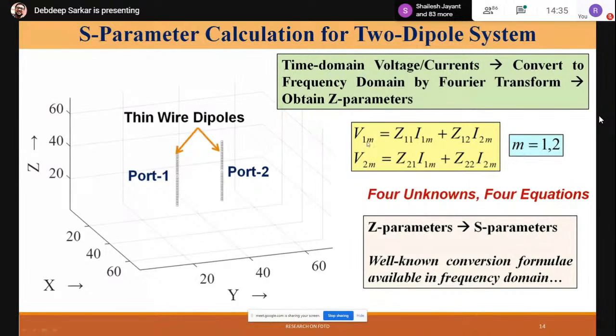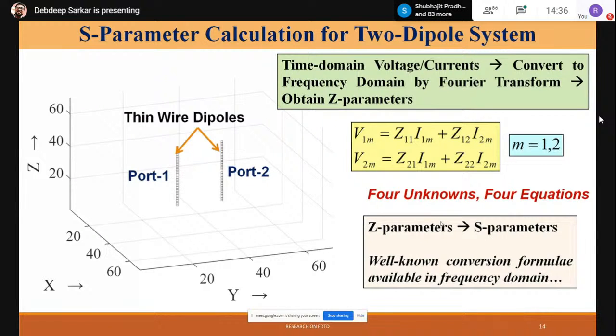So we have V11, V12, V21, V22, and all those currents, I11, I12, I21, I22. With all this information, we have to find these four unknowns: Z11, Z12, Z21, Z22 for this two-port system.